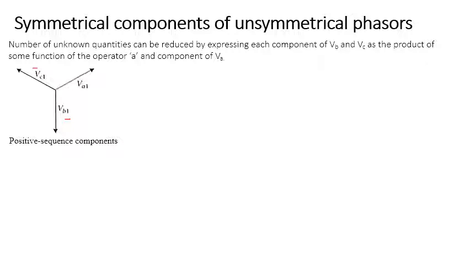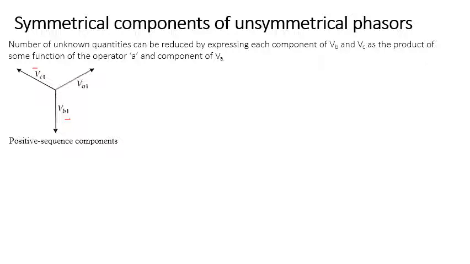But the operator A goes in the anti-clockwise direction. So here either you should consider VB and VC in terms of VA, or VA and VC in terms of VB, or VA and VB in terms of VC.